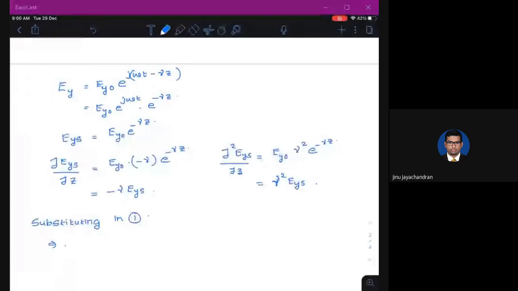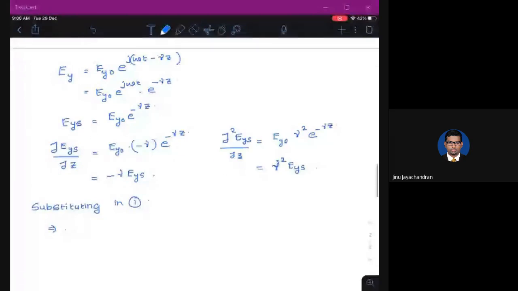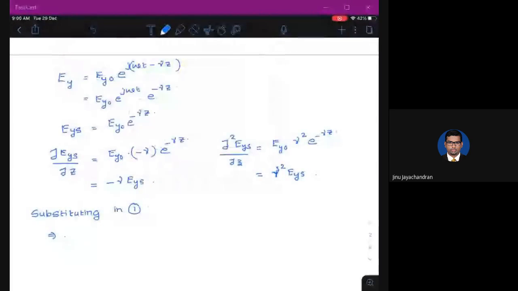Similarly for EX, you have a similar expression, because you can represent EX is equal to EX0 e raised to j omega t into e raised to minus gamma z, but your magnitude constant EX0 is different from EY0.